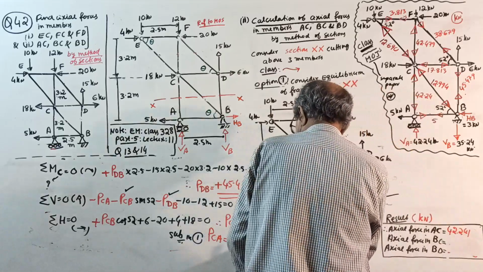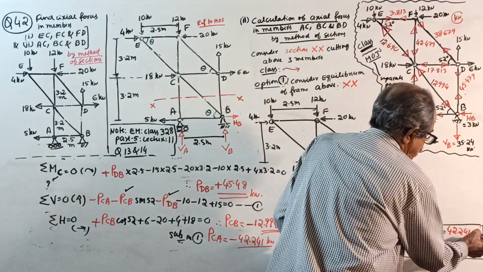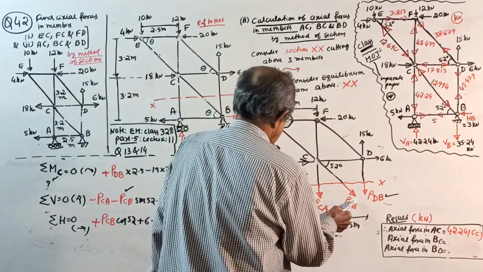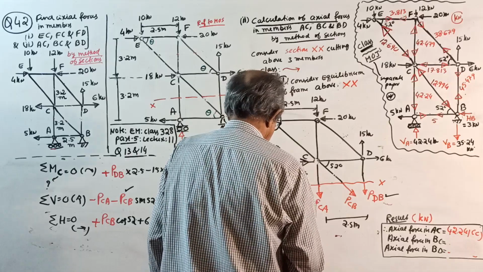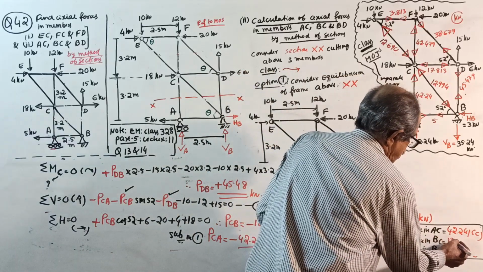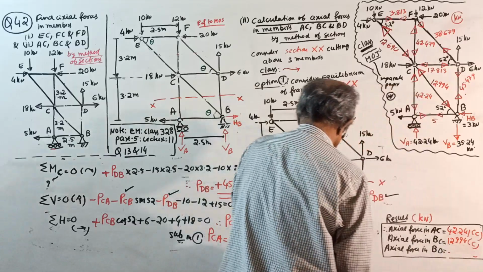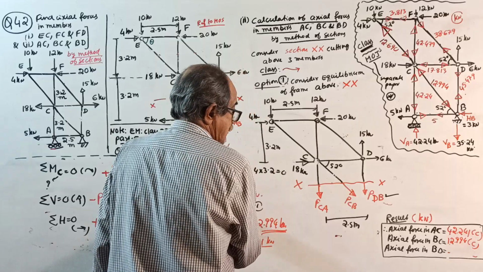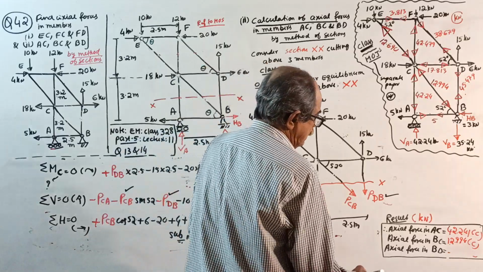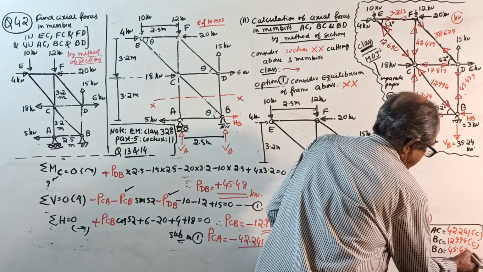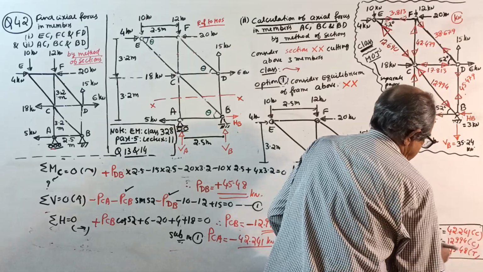Negative sign came, no sign now: compression. Force in BC, minus 12.994, so 12.994 compression. Force in BD, 45.48 tension.